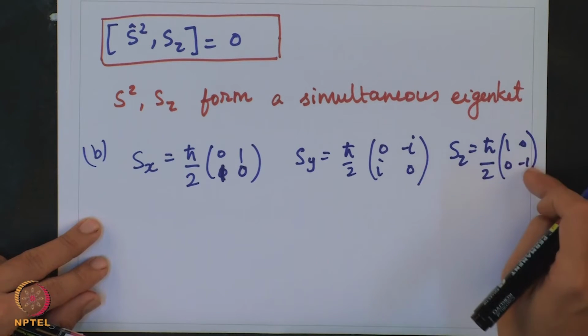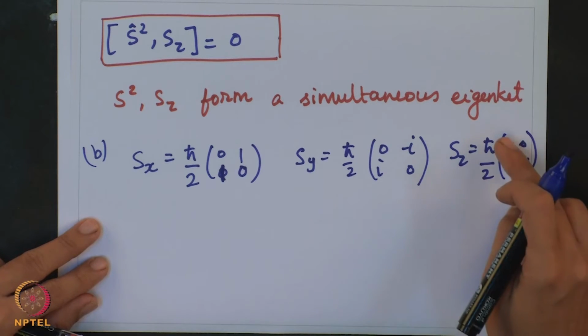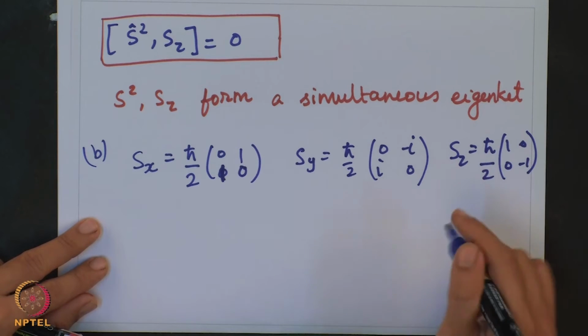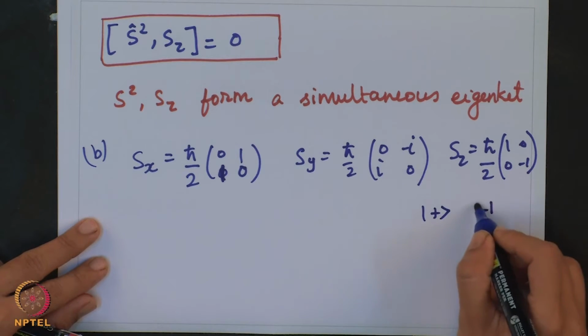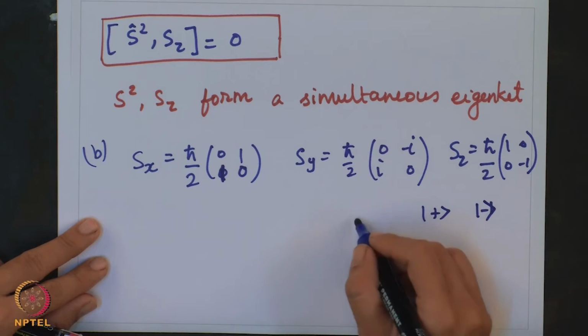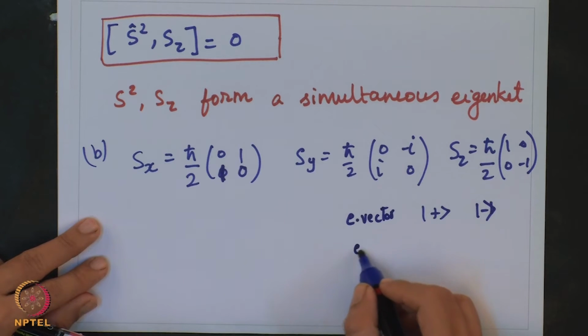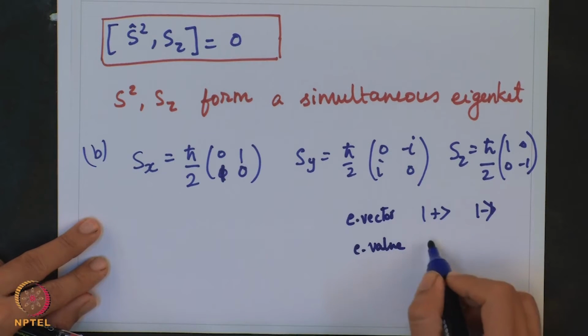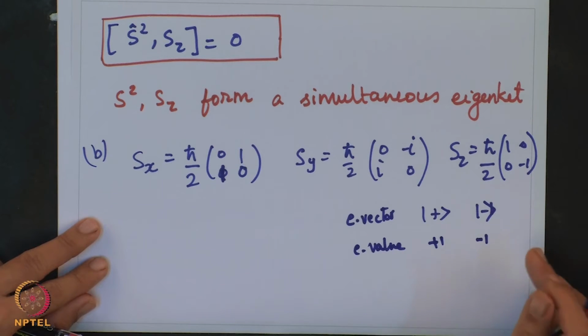So, you can infer from here that it will have eigenvalues plus and minus, and the eigenvectors will be of the form plus ket and minus ket. It is very simple to infer from this.